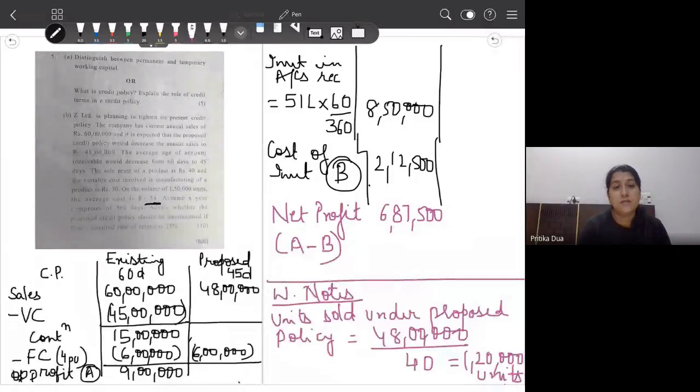Yes, what is the answer for proposed policy? Is anyone solving the question? Okay, take 2 minutes more and let me know what the answer is coming to.